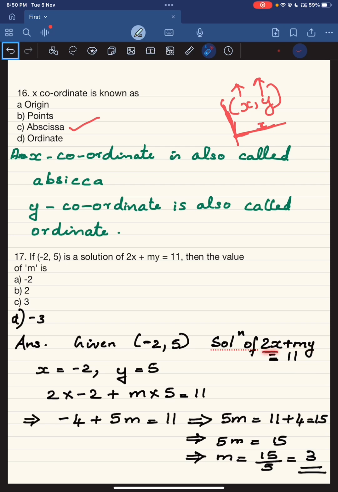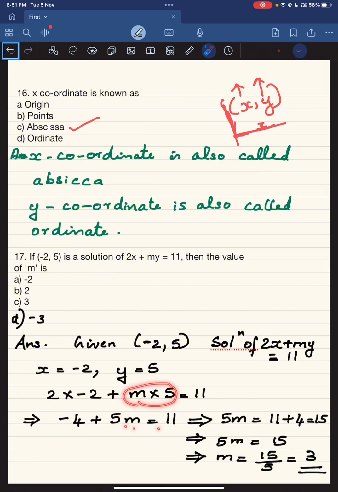We get 2 into minus 2 plus m into 5 is equal to 11, which implies minus 4 plus 5m is equal to 11. You can write it alternately.